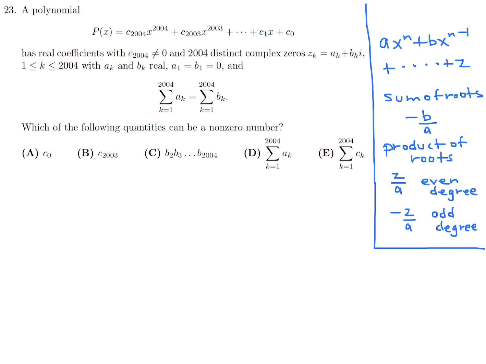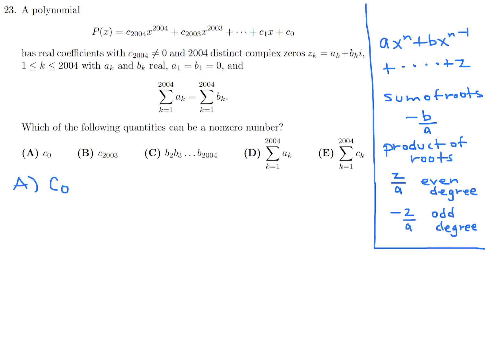So they want you to figure out which one of these can be non-zero. All right, so let's go through them one by one. First, A is c0. c0 is this guy right here. Well, they basically tell us that a1 is equal to b1 is equal to 0, correct?